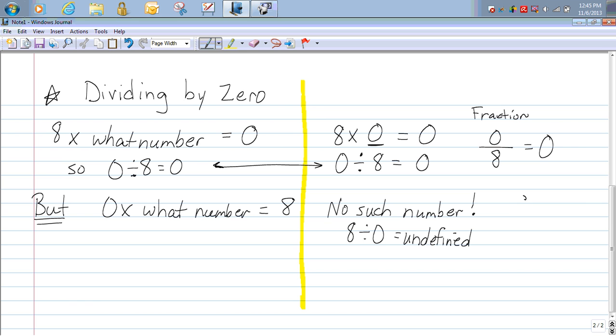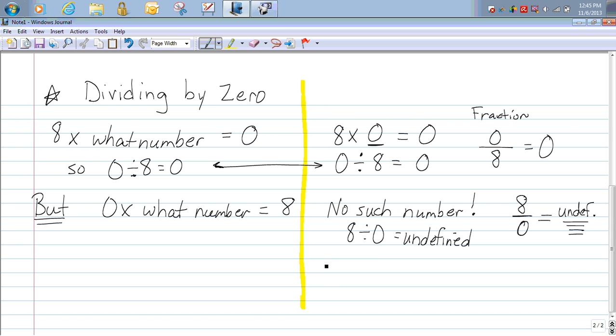To write it as a fraction, that would be 8 items that I'm putting into 0 groups. Well, if you have 8 items, you have at least one group already. So this is undefined, and I'll abbreviate that. You cannot do this. So you cannot have 0 as a divisor.